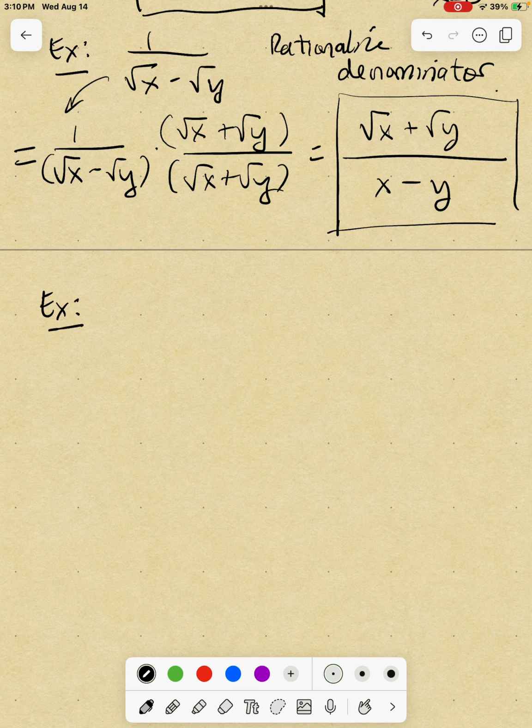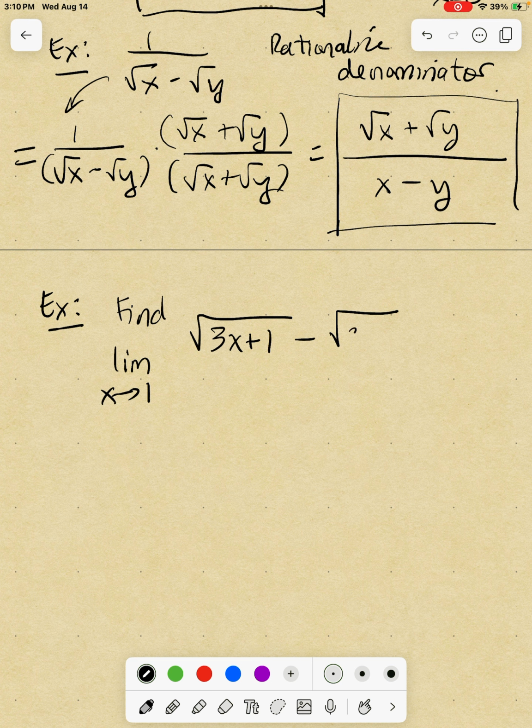Find the limit as x goes to 1 of the square root of 3x plus 1 minus the square root of 2x plus 2 all over x minus 1. So the first thing to do when you have this is you want to plug in x equals 1 into this function.